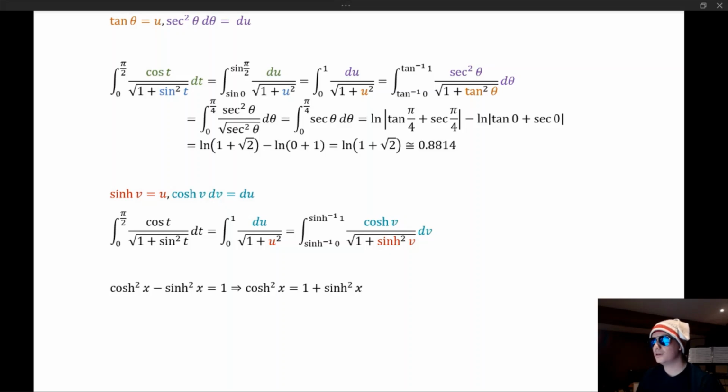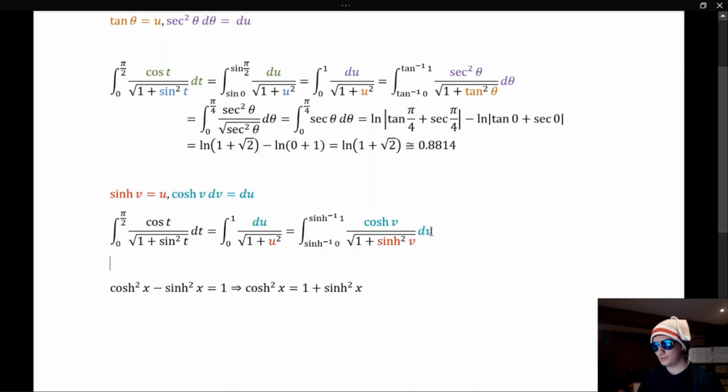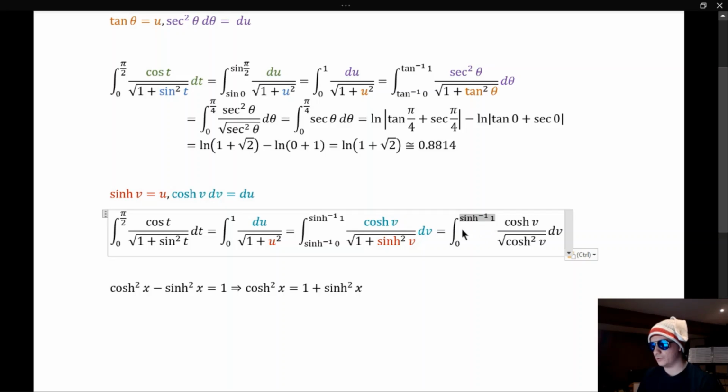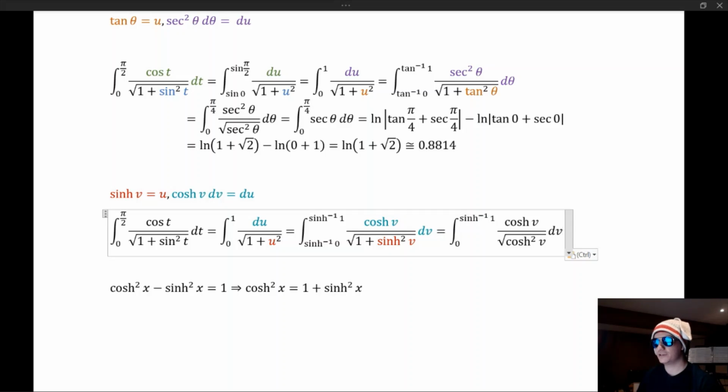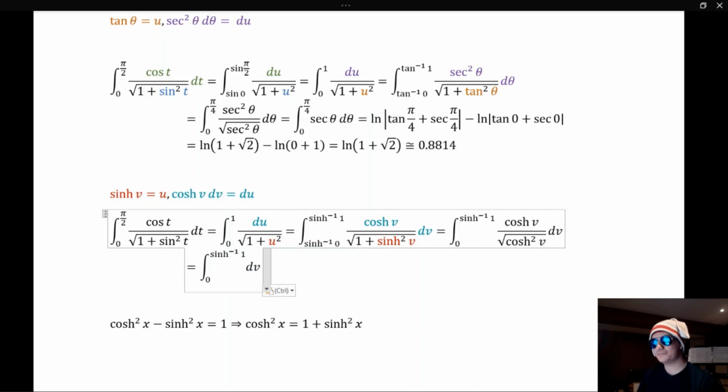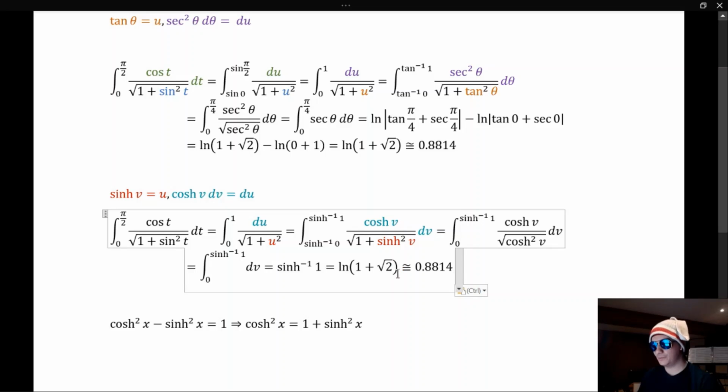So we have the integral, inverse sinh of 0 is 0, and we're just going to leave this as inverse sinh of 1. We have the integral from these bounds of cosh v dv divided by the square root of cosh squared v, which is just cosh v. So we're just integrating from 0 to inverse sinh of 1 dv, which is inverse sinh of 1. And this just happens to be equal to the ln of 1 plus square root of 2.